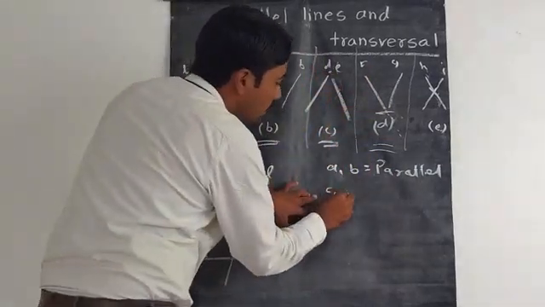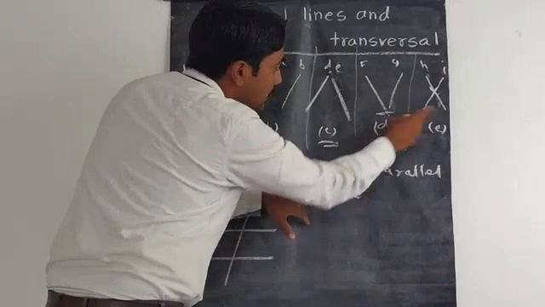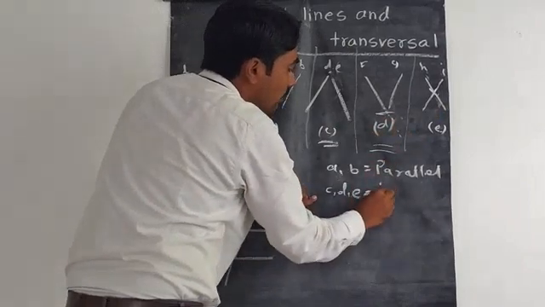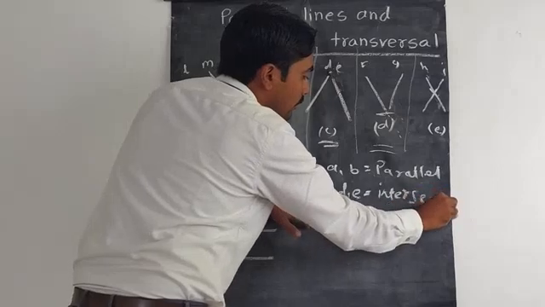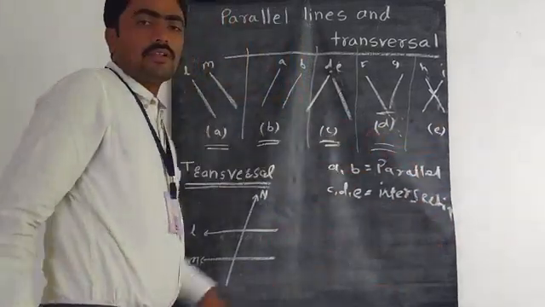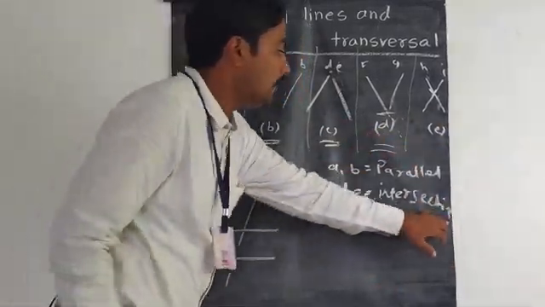Therefore the groups C, D, E are called intersecting lines. What do you call the lines of these groups? Intersecting lines.